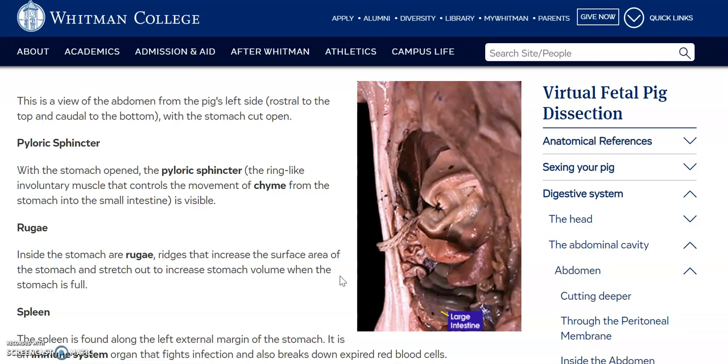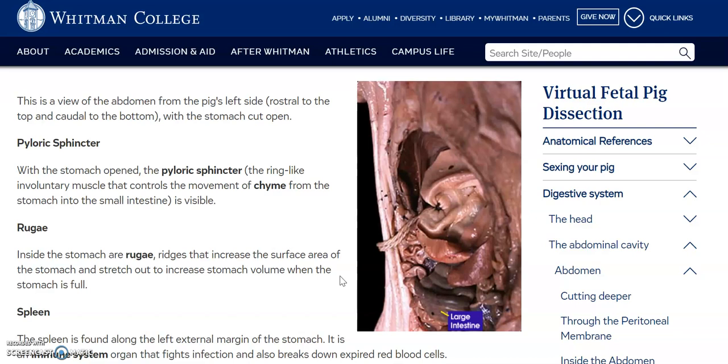This is a muscle that controls the movement of chyme. Okay, so chyme is what's left over of the food after it's been chewed up, broken down, and digested, okay? That kind of is the door that allows food to continue to move on.